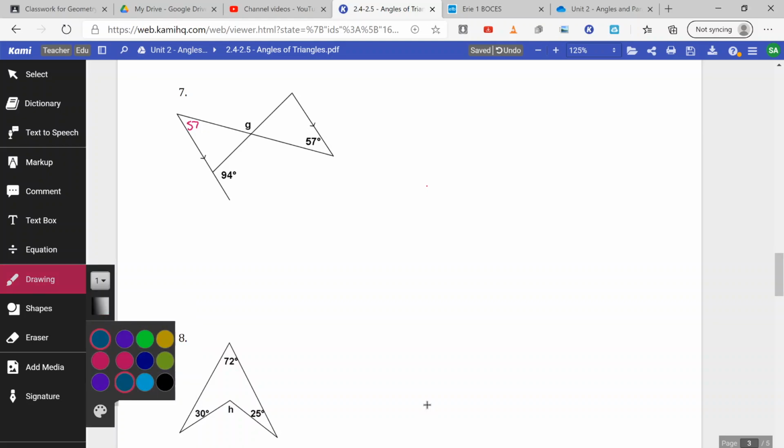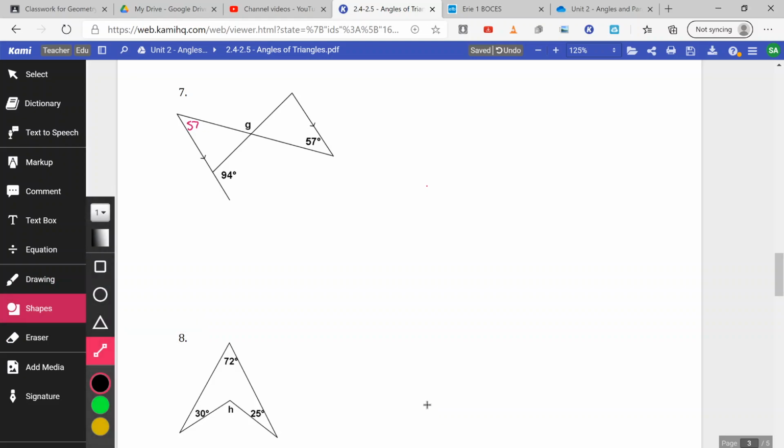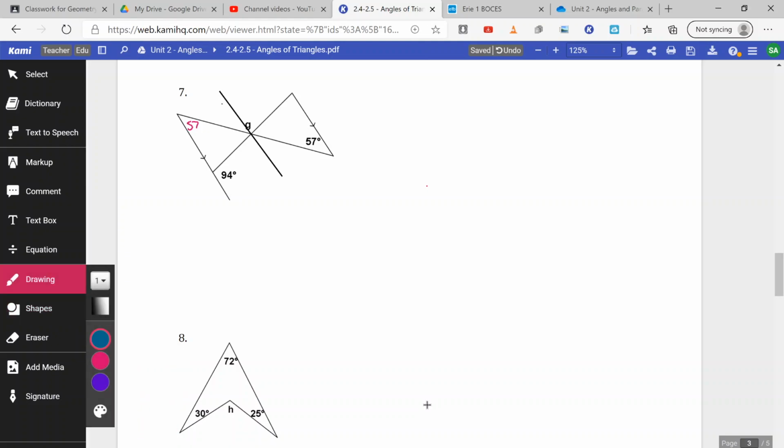So what I can do is draw an auxiliary line through here that I can say is parallel to my other two lines. So parallel lines cut by a transversal. This tells me this full angle here is 94 degrees. And then this angle here is 57 degrees.